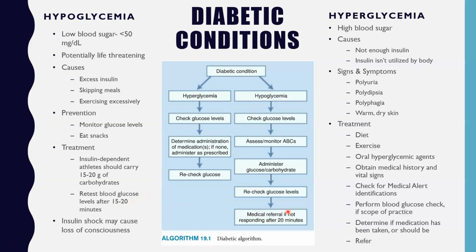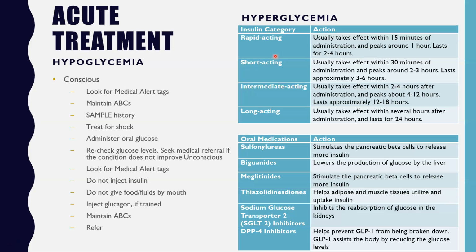When we get into the acute treatment of hypoglycemia, now, if we're in that emergency situation and we see somebody that's possibly going into that diabetic coma, look for medical alert tags first and foremost if they're conscious. That way we can see if this is a possible diabetic situation.